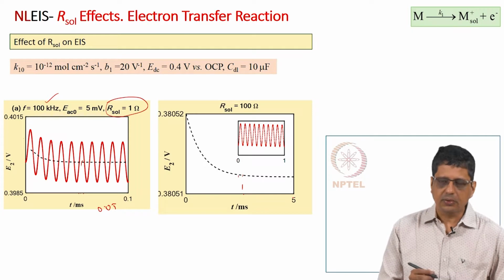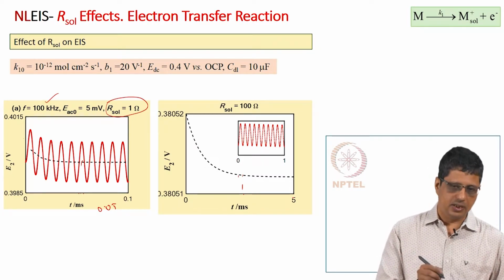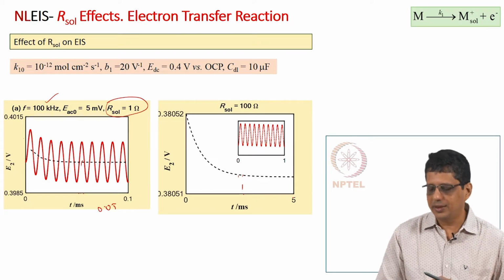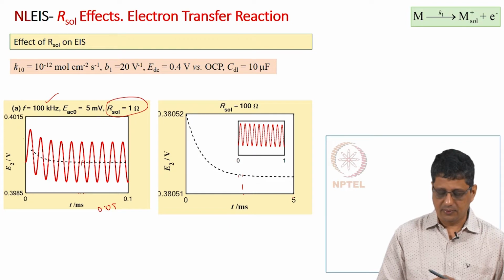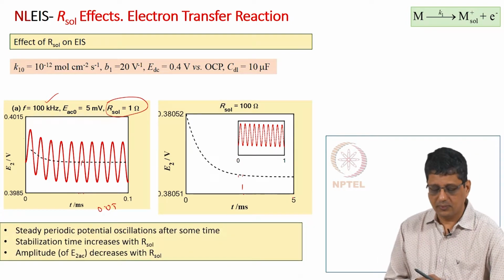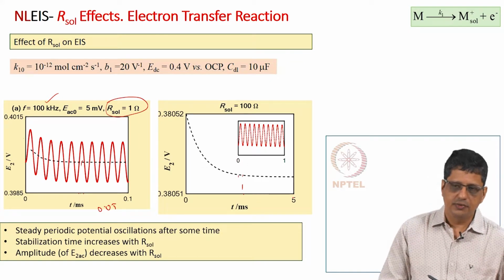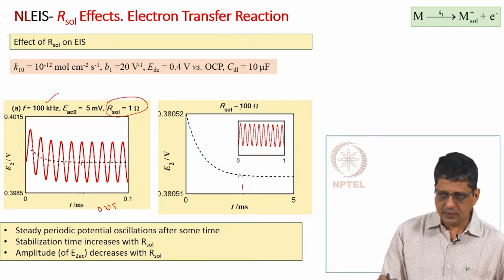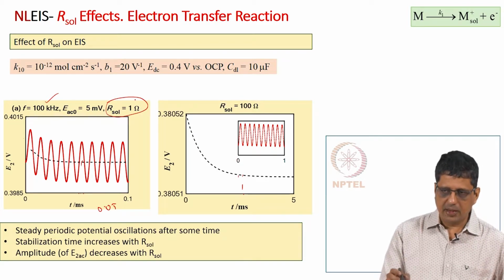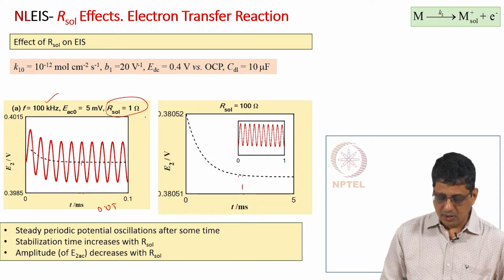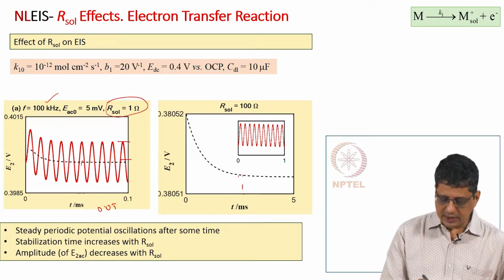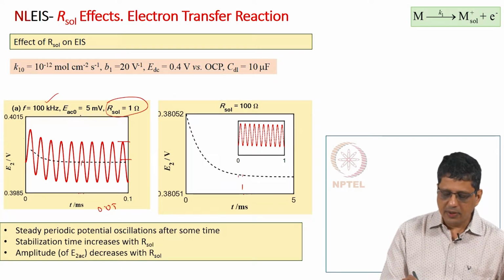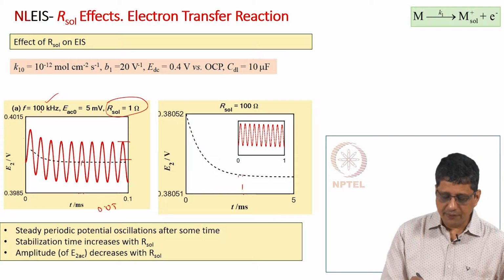What that means is, how long does it take to stabilize? It depends on kinetic parameters, it depends on the DC potential, it also depends on the solution resistance value. It typically increases with solution resistance value, and if I have large solution resistance for the same set of kinetic parameters, that means for the same reaction, I just see this 100 kilohertz here as well as 100 kilohertz here, although I did not write it here, it is the same 5 millivolts AC amplitude and 100 kilohertz frequency.